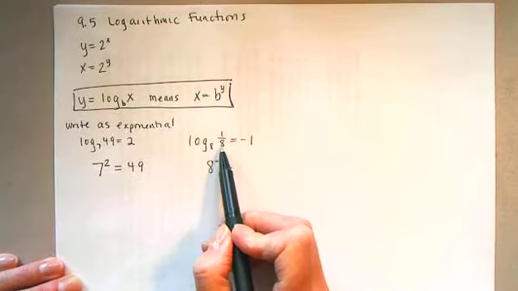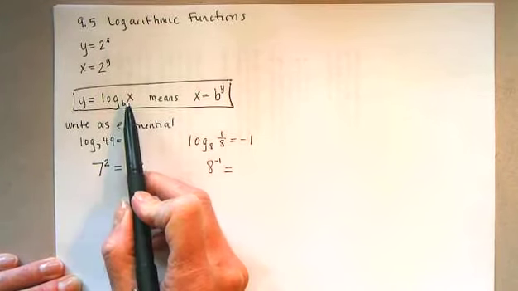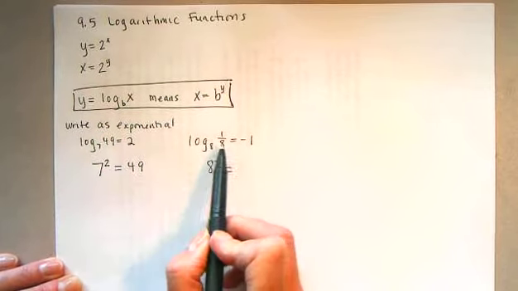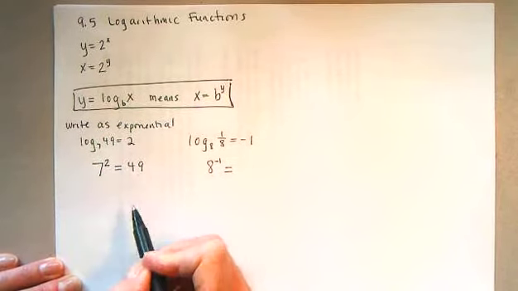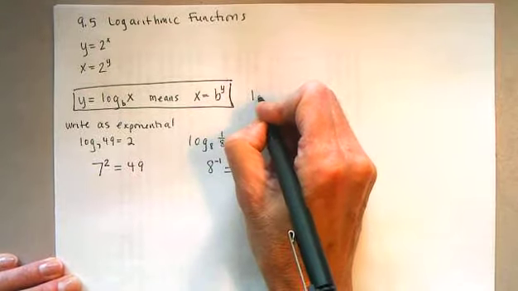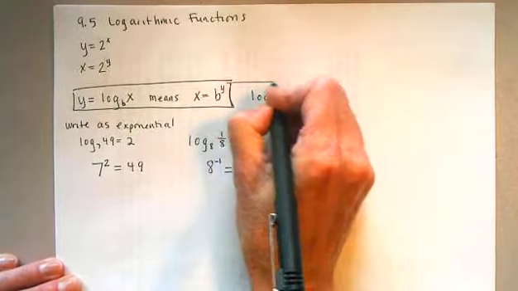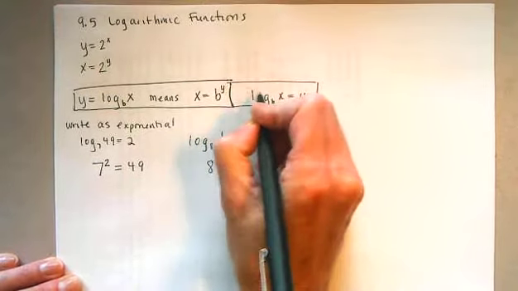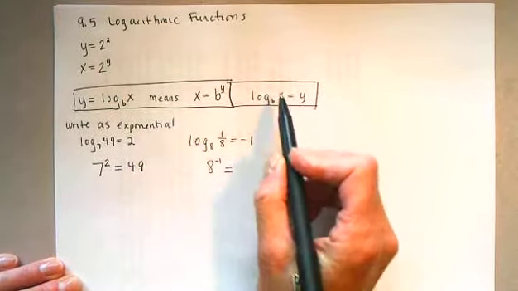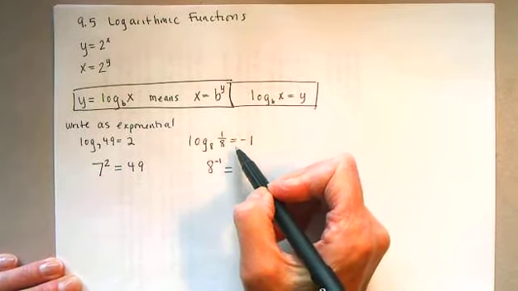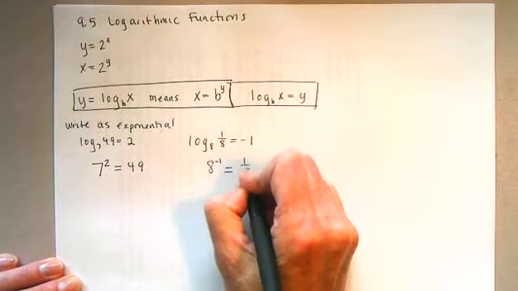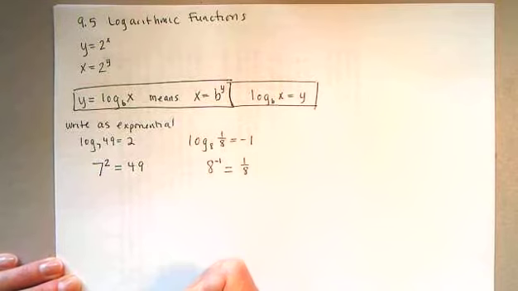Well, whatever's right here. I guess this and this are flip-flops, so that could be throwing you. I should probably write it like this: log base b of x equals y. So this and this are equivalent, but this looks like this. So it might help you a little bit. So it equals 1/8.